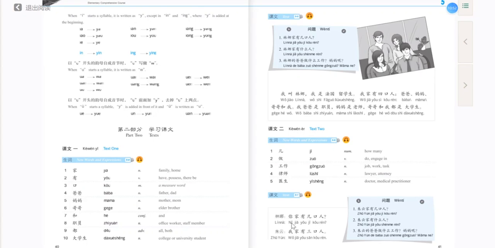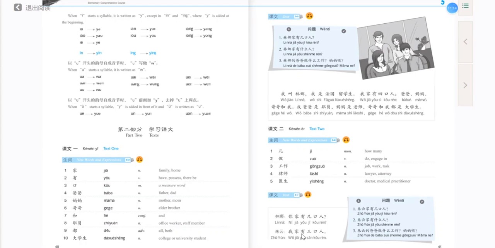So this is a very commonly used sentence in Chinese. We use it to ask about somebody else's family condition. How many people are there in your family? 你家有几口人? And Zhu Yun answered, 我家有三口人. How to translate?